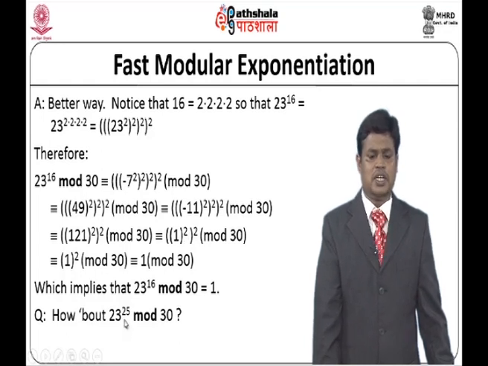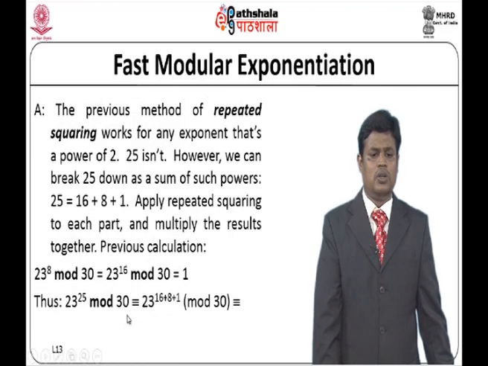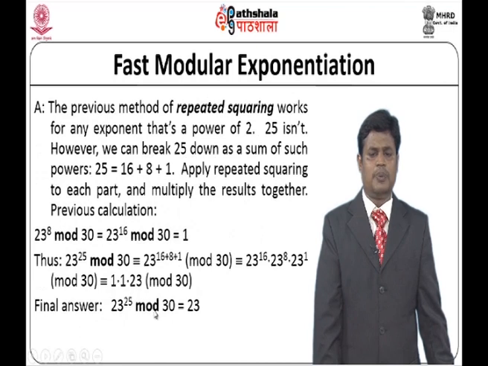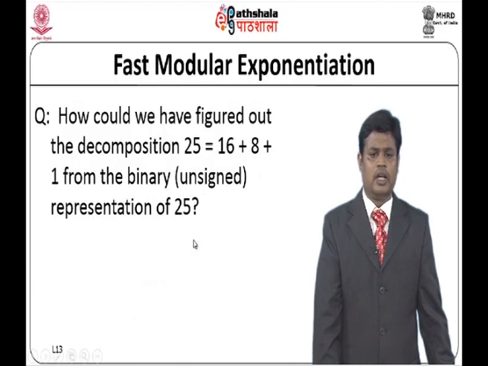So 8 plus 16 gives 24, and finally 1, that is 23. So the answer we get from this step is that 23 power 25 mod 30 is equal to 23. We were able to do it much faster with the help of modular high degree exponentiation. So here the decomposition is very important.